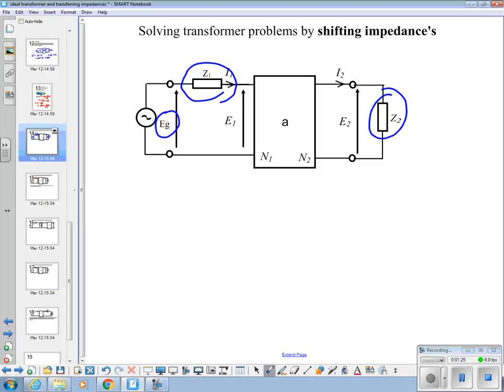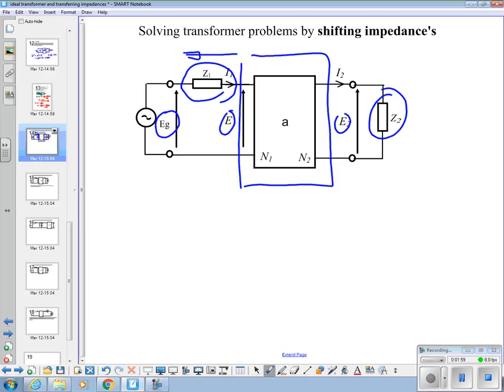Only this bit in that box is the ideal transformer. So the ideal bit happens between this voltage E1 and that voltage E2. But we're going to lose some of the generator voltage across that component there. That's why this is more difficult than a simple problem.